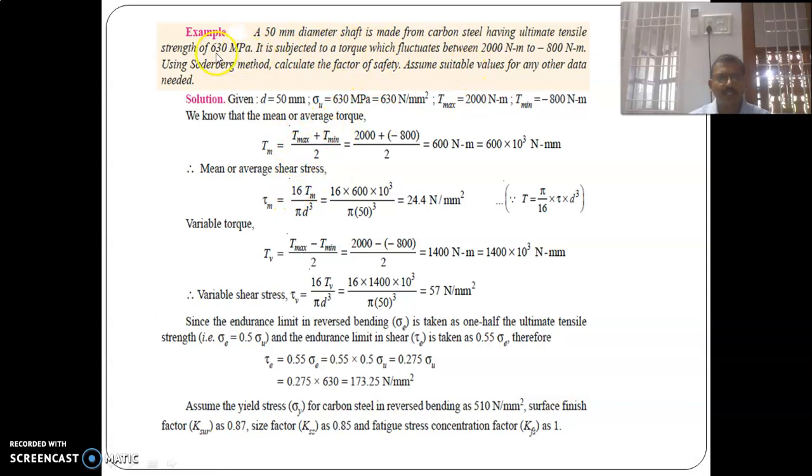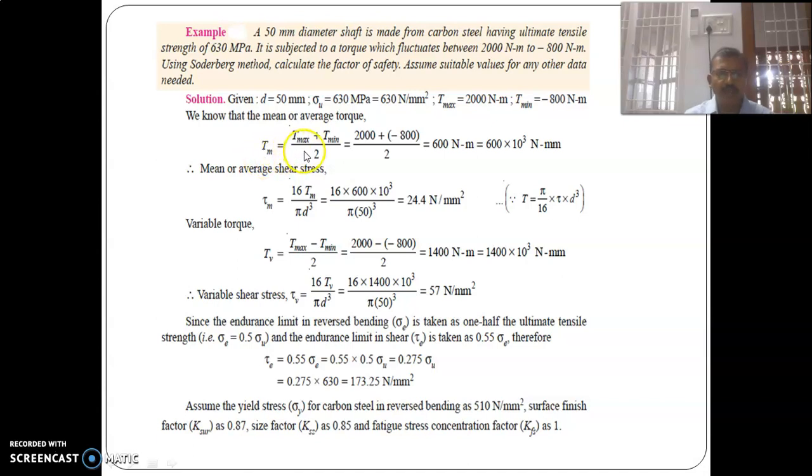A shaft of 50 mm diameter is given, with ultimate tensile strength of 630 megapascal, sigma u equal to 630 Newton per mm square, and the torque fluctuates. T max is 2000 Newton meter, T minimum is minus 800 Newton meter. Using the Soderberg method, calculate the factor of safety, and assume suitable values for any other data needed.